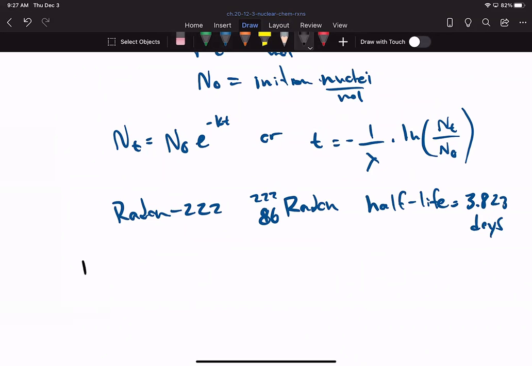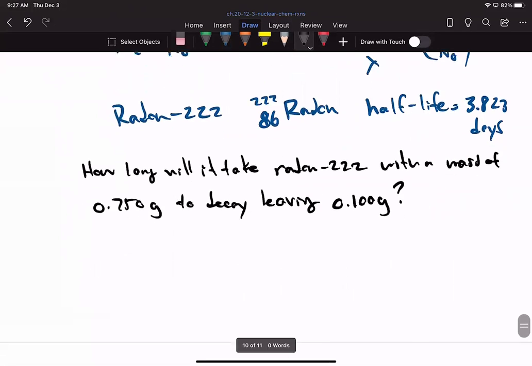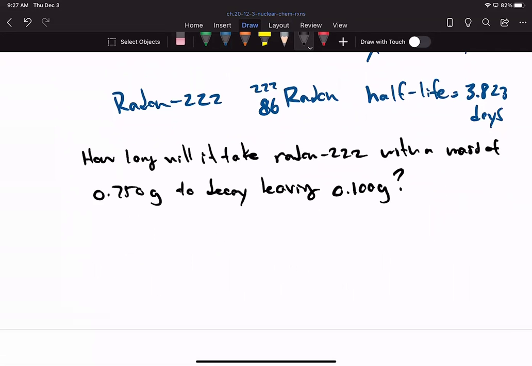So the question is, how long will it take radon 222 with a mass of 0.750 grams to decay, leaving 0.100 grams? All right. How long will that take?